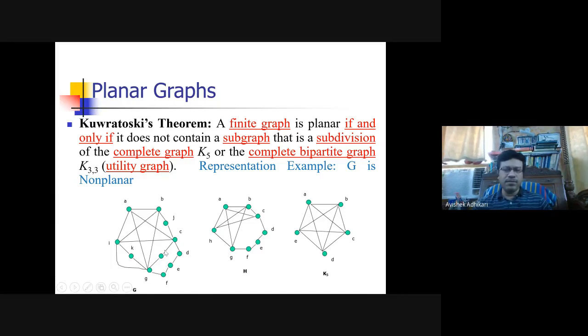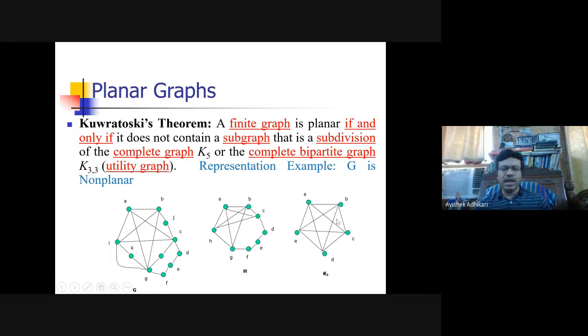Because here, you can just remove this point and this edge will be there. Or you can have this one, because you have already explored the elementary subdivision property many times. So you can join this one, then join this one, and join this one. Then ultimately you will get K5.